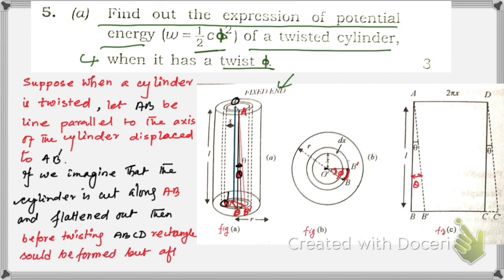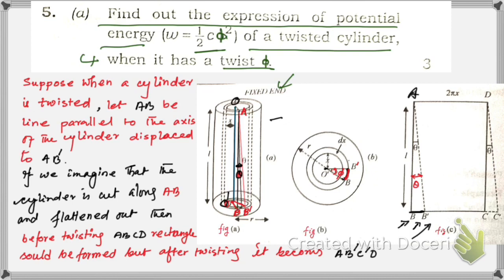This ABCD rectangle should be formed before deformation, before it is twisted, but after twisting it becomes AB dash C dash D, right? After twisting we have got this. So the angle between AB and AB dash is theta, right? Here you can see.